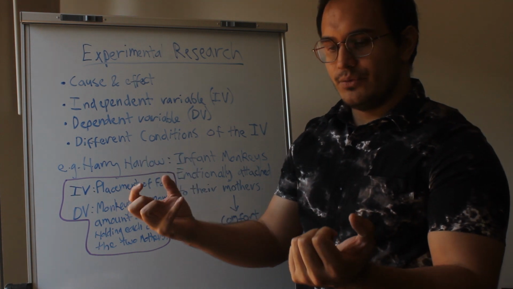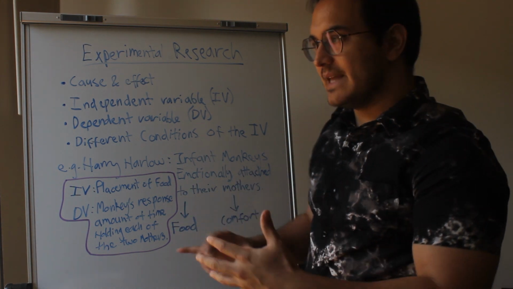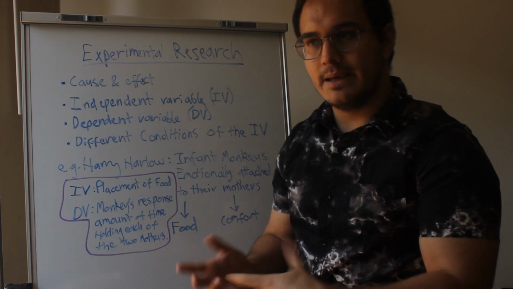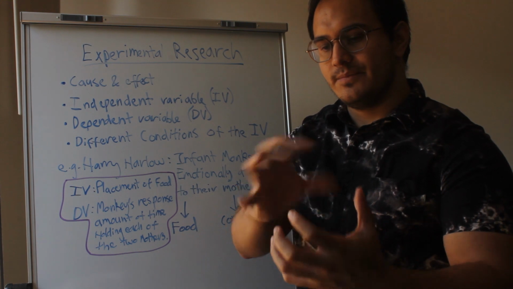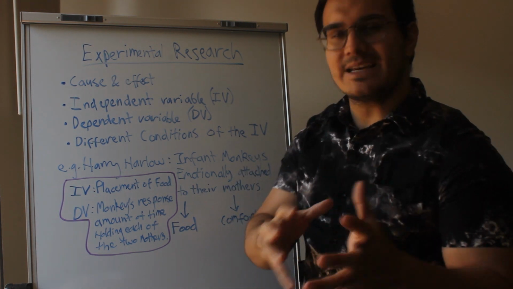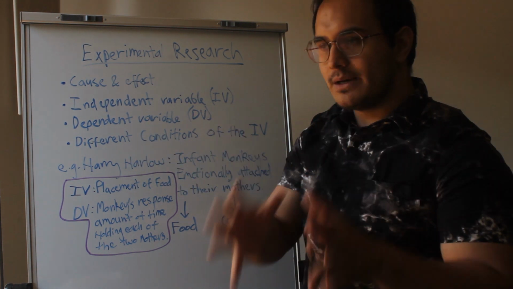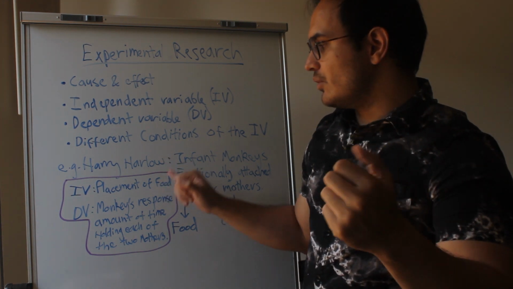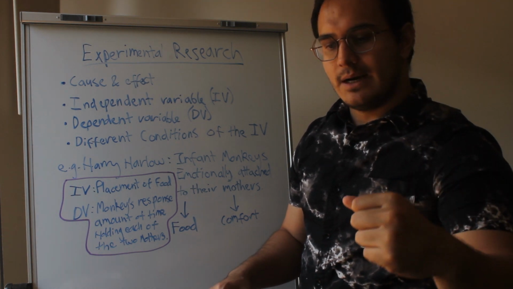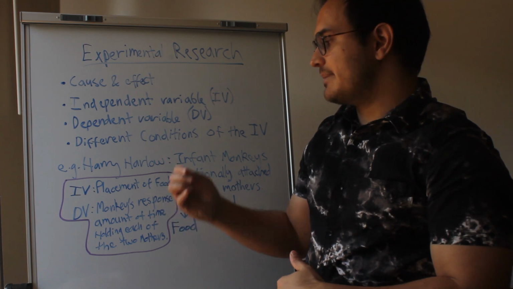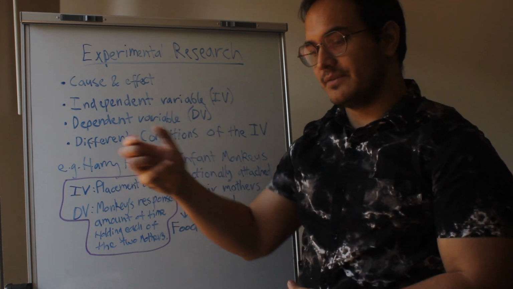One surrogate has very nice cloth around it, simulating the comfort of a mother monkey, and the other one has just a clear mesh, so it's not as comfortable to cling on to. In the two different conditions, in one setting, they put the milk bottle onto the mesh mother, the uncomfortable mother. And in another setting, they put the milk bottle onto the cloth mother, the comfortable mother.